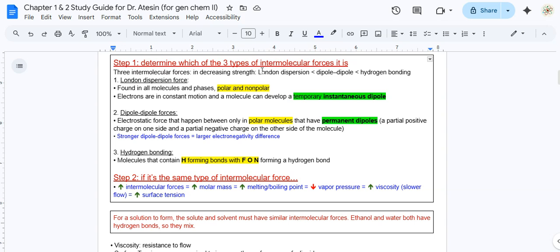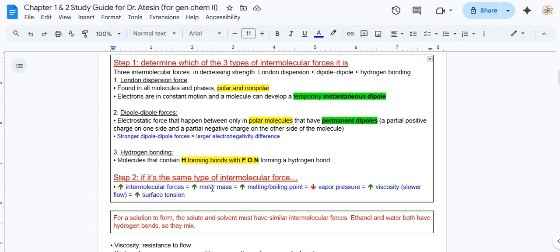And besides this relationship, there's also this relationship where, for example, intermolecular force is directly proportional to molar mass, directly proportional to melting and boiling point, inversely proportional to vapor pressure, directly proportional to viscosity and surface tension.